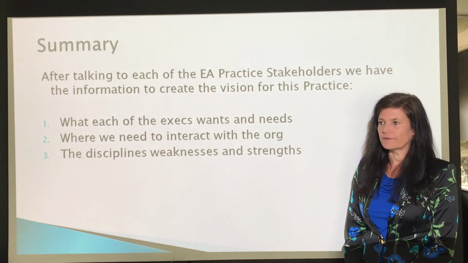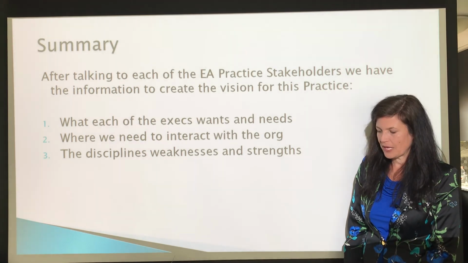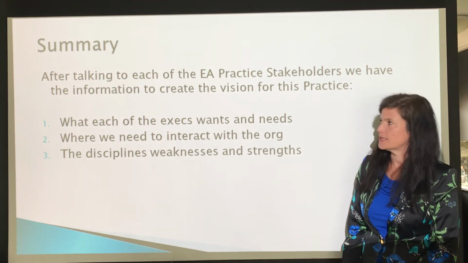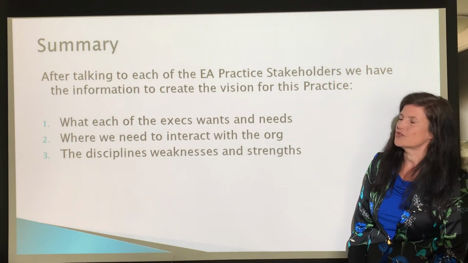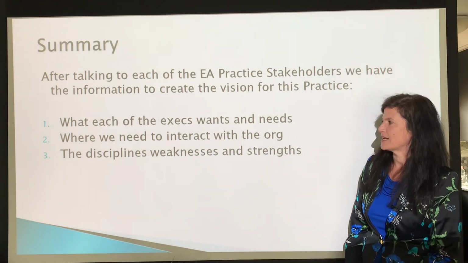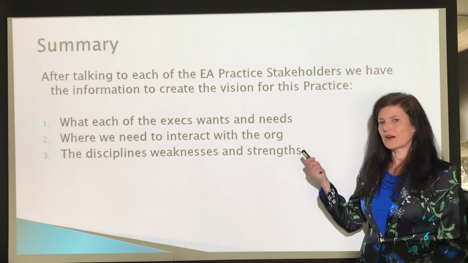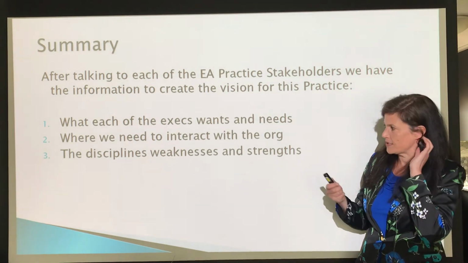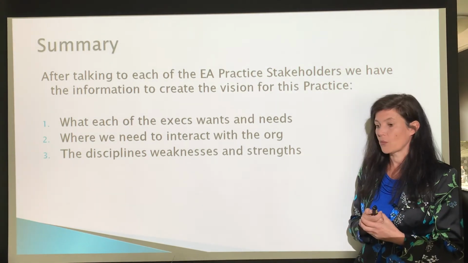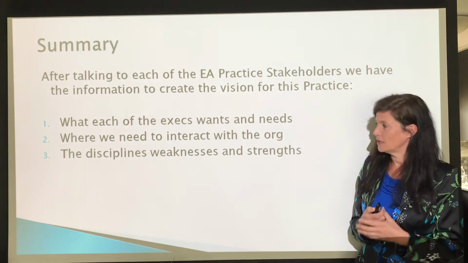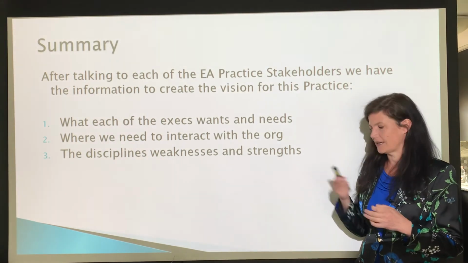So basically, your first step, this first course, is really about engaging with your senior executives to see where you are. After talking to each one of them, you should now have an understanding of what each of them wants and needs, where an EA practice would need to engage and interact with their departments, and where their areas of change are. Also, you can get into some of the discipline weaknesses and strengths.